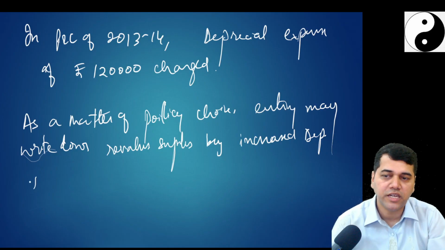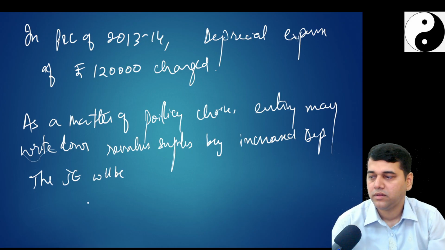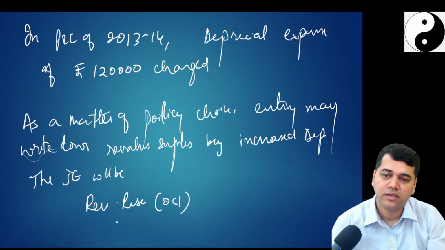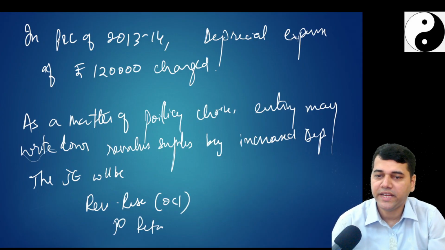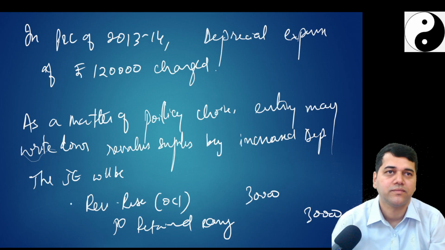So, the journal entry will be: revaluation reserve (OCI) to retained earnings 30,000. This is that extra depreciation.